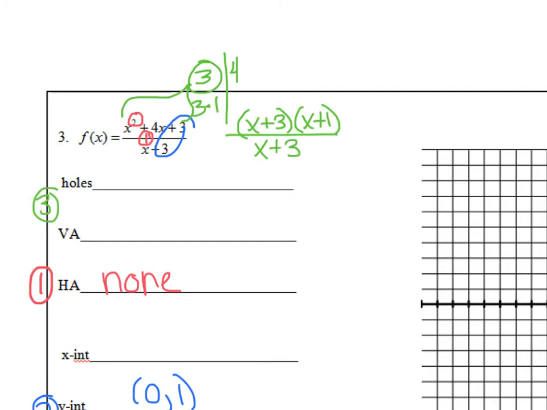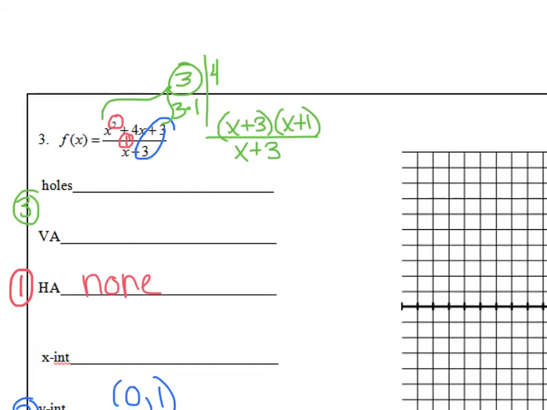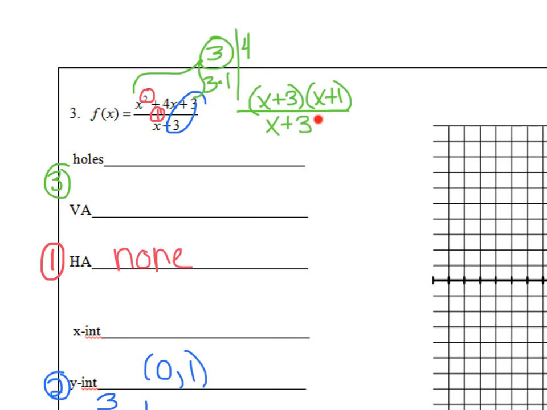Well, since there's only one thing in the denominator, that means there's only one hole or vertical asymptote. So I take the x plus 3 and set it equal to 0. Well, if it's a +3, that means x is going to equal a -3. So now the question is, is it a hole or is it a VA? Well, when I look back at my fraction, the x plus 3's would actually cancel.